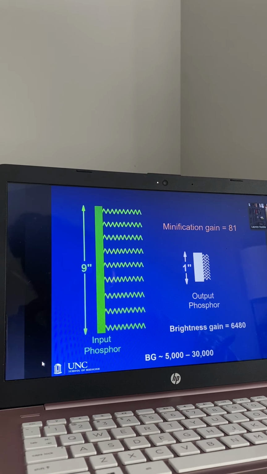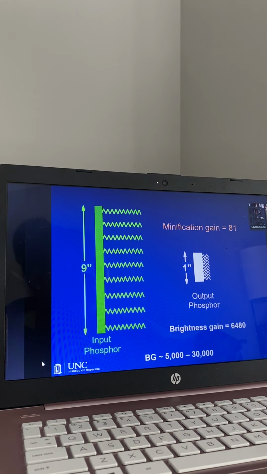It's the size of the output and input phosphor. You may be asked, what does flux gain take into account? It's the number of light photons that we ended with versus the number of X-rays. And then brightness gain is the total picture of the luminance, because it's the minification and the flux gain together. Okay, so you okay with that?